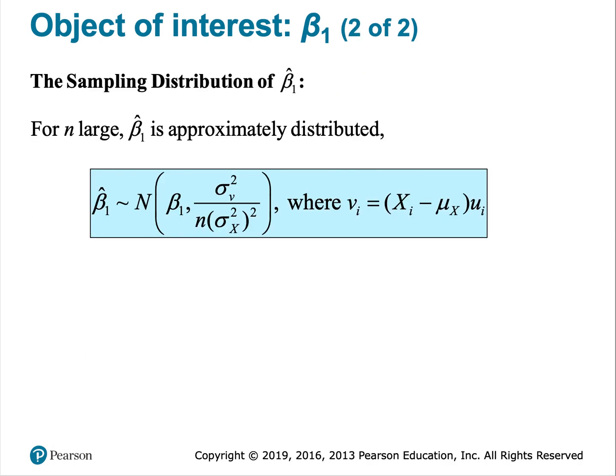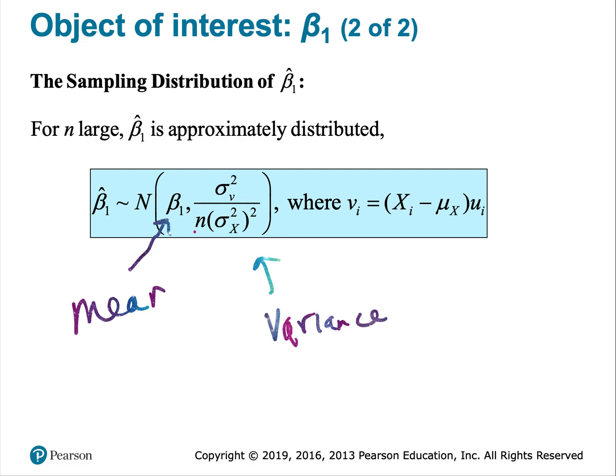From this information, we have shown that for large samples, for n large, beta 1 hat is approximately distributed normally with a mean or expected value of beta 1, and so beta 1 hat is unbiased because the expected value of beta 1 hat is beta 1, normally distributed, and a variance of sigma squared v over n times the square of the variance of x.